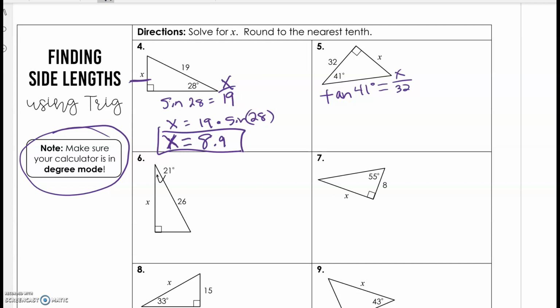When I want to solve for x, I'm just multiplying by 32. That gets x by itself. And then on the other side, I've got 32 times tangent of 41 degrees. And I end up with x is equal to 27.8.